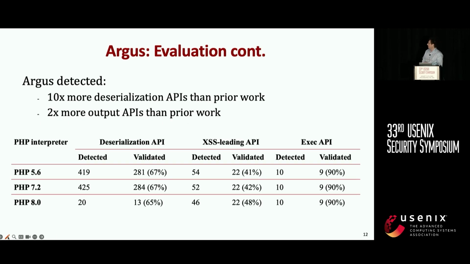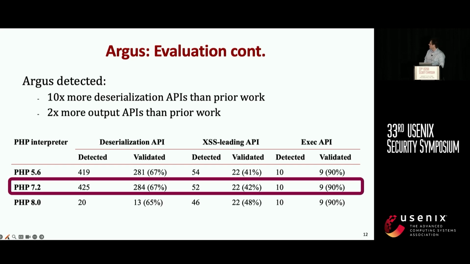At the end of the day, what Argus detected was sets of deserialization sinks, and that set was an order of magnitude larger than the biggest set that prior work knew about or included. There was a Black Hat paper that knew about 29, I believe, deserialization sinks. And so if you look at the deserialization API column here, Argus was able to validate 284.